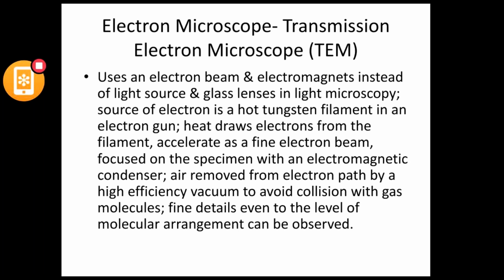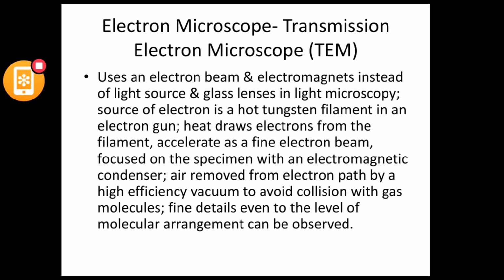As I have already explained, electron microscope can be broadly classified into two types, TEM and SEM. First of all, what is TEM? It uses an electron beam. In light microscopy, a light source is used to illuminate the object, whereas in electron microscopy there is a source of electrons.